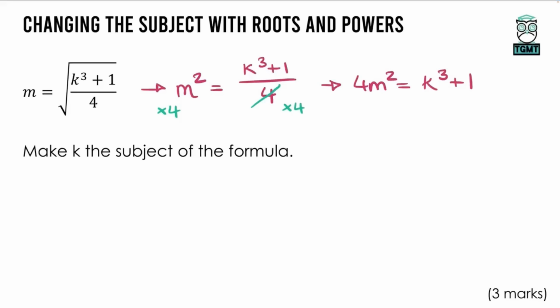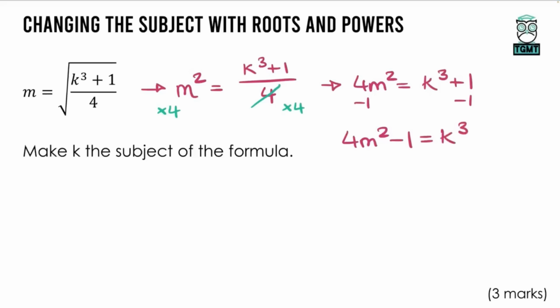We could cube root. However, I do like to do the powers last there, as normally you do powers first when you're going forwards, but we are doing the inverse. But you just need to remember you'd have to cube root everything. So instead of doing that and forgetting to cube root things, I'm going to subtract this 1, and that will leave me with 4m squared minus 1 is equal to k cubed.